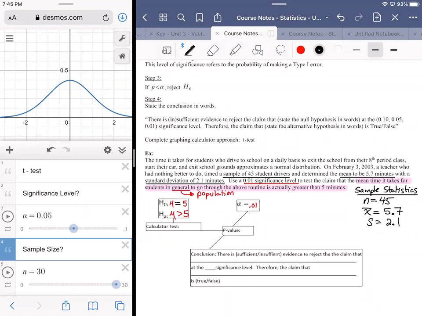But that alternative hypothesis tells us the type of tail that we have on the test. Because the arrow here is pointing to the right, it's a right tail test.